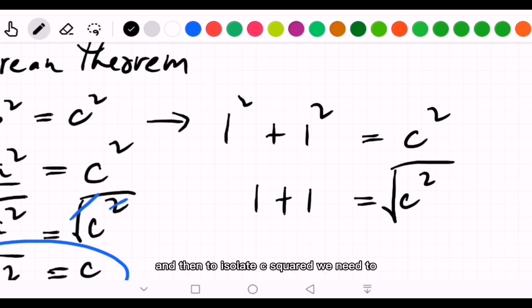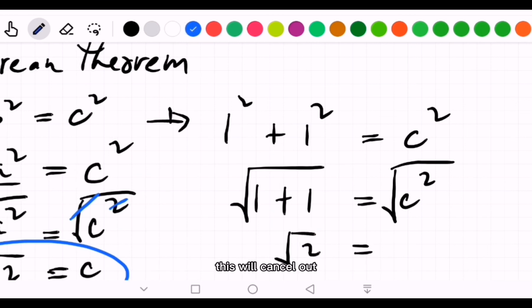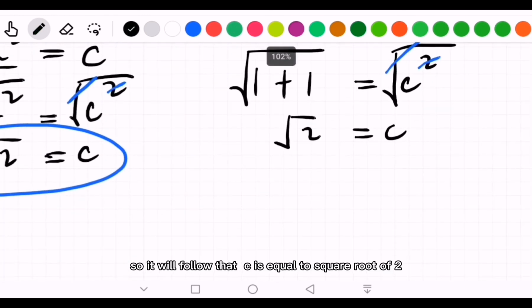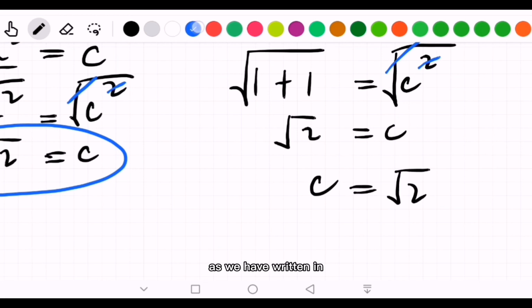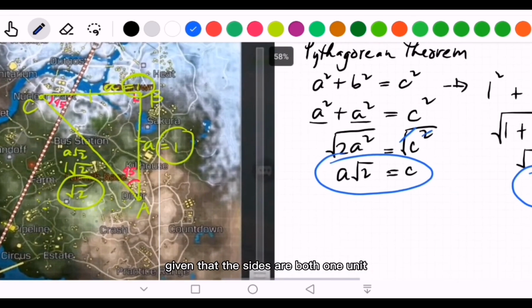To isolate c, we need to find the square root of both sides. Of course, 1 plus 1 is 2, so that is the square root of 2. This will cancel out, so it follows that c is equal to square root of 2. As we have written in the proportion, the hypotenuse is square root of 2, given that the sides are both 1 unit.